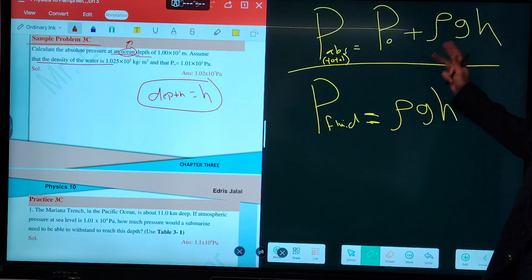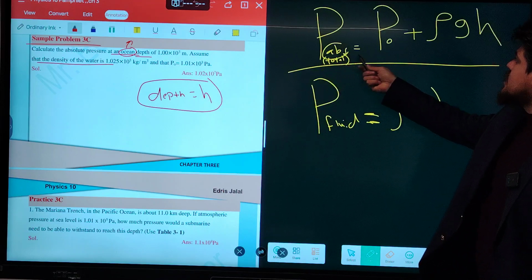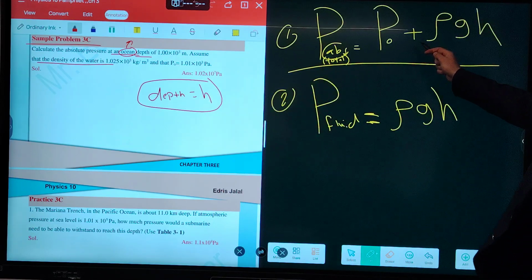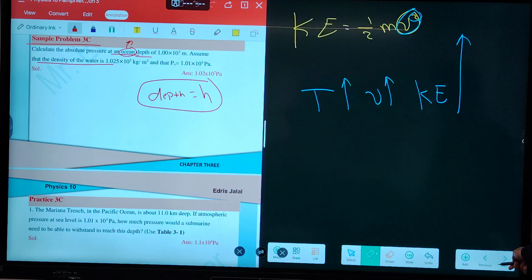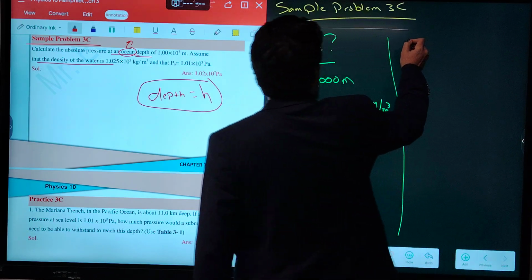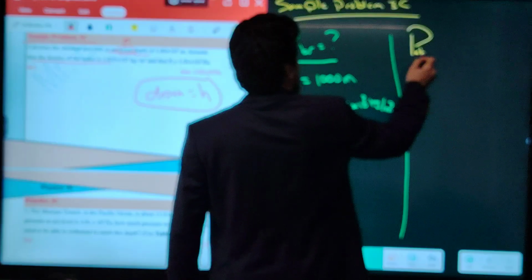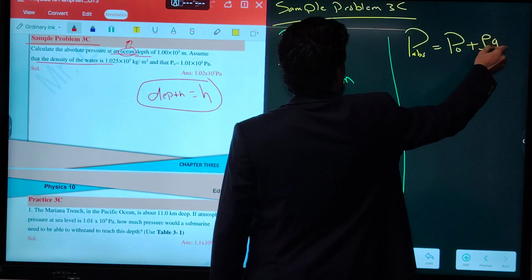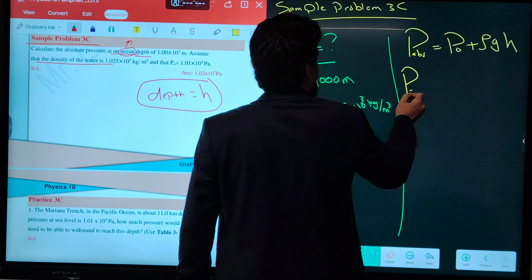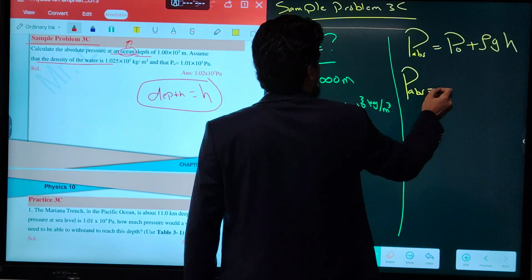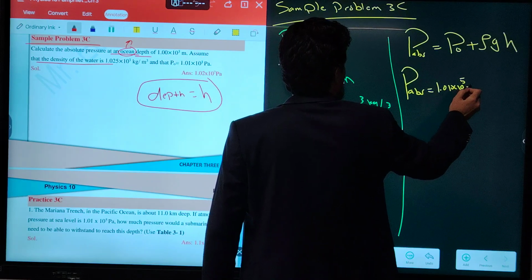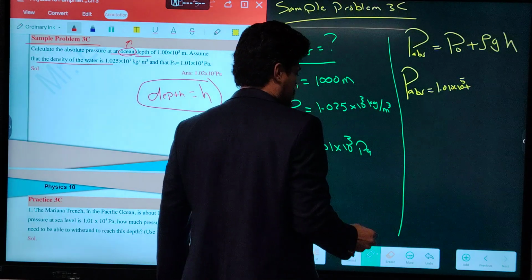The first equation, P naught plus rho g h. So you have to write down the equation of absolute pressure, which is equal to P naught plus rho g h.